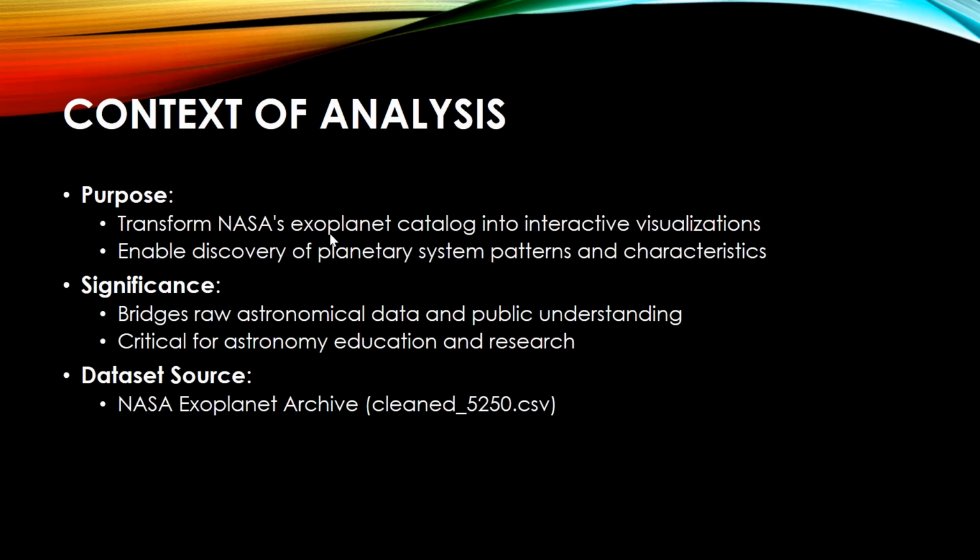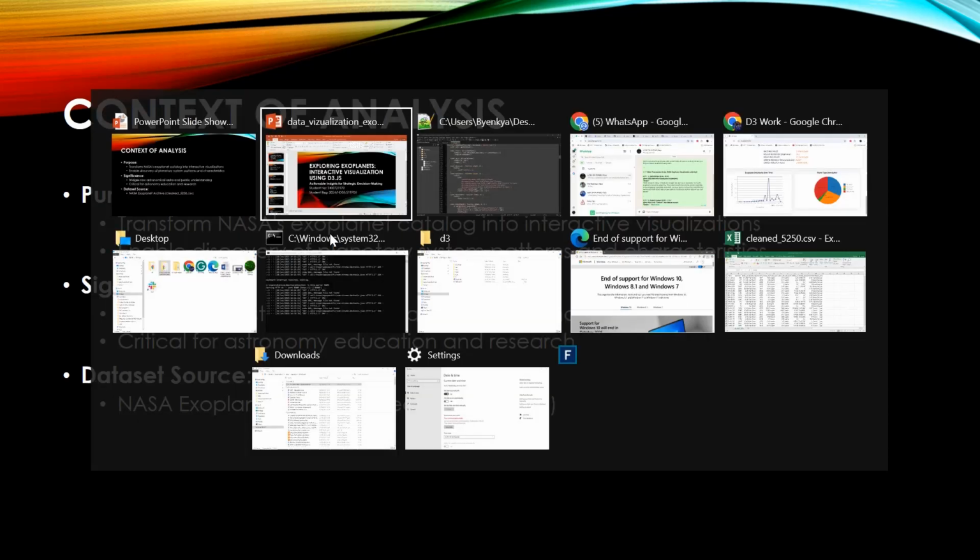The objective of this analysis was to transform NASA's exoplanet catalog into interactive visualizations to enable discovery of planetary system patterns and characteristics, and also ease the understanding of how these planets' characteristics resemble the known planets in our solar system. So without further ado, I wanted to show.